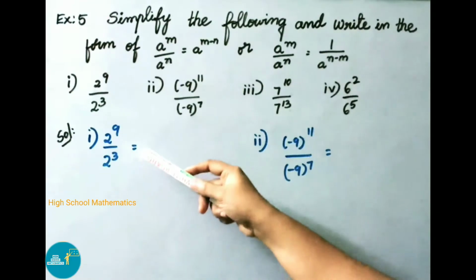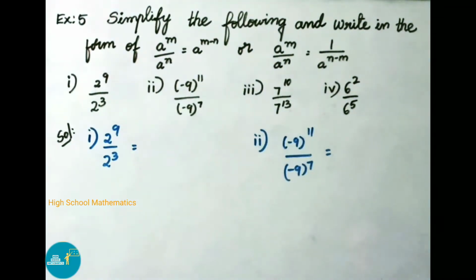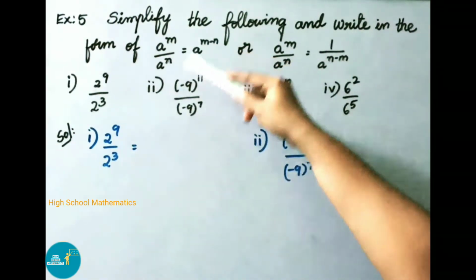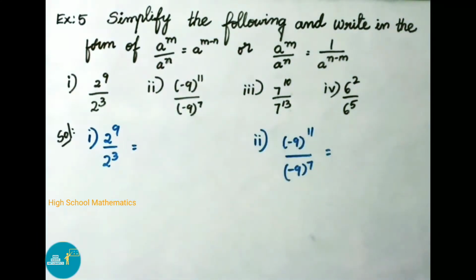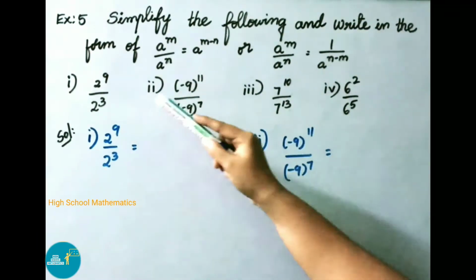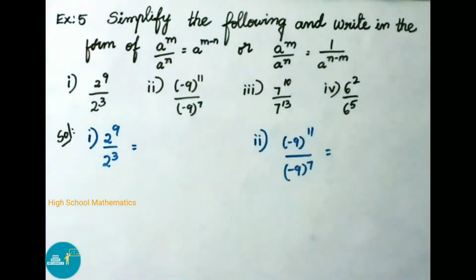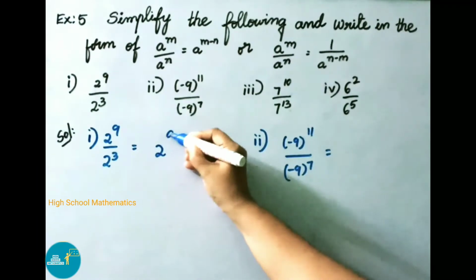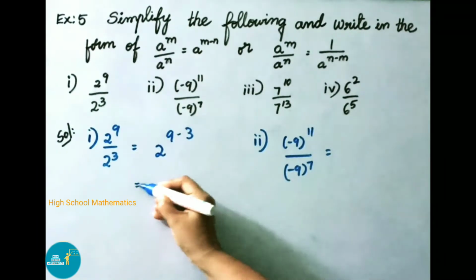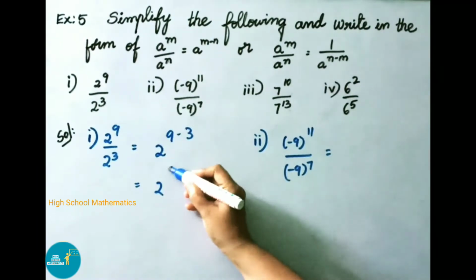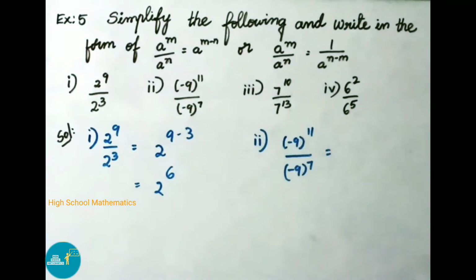See the first sum, 2 power 9 by 2 power 3. It is looking like the formula a power m by a power n. Observe here, m value 9 is greater than n value 3. So we can use the first formula, that is a power m minus n, that is 2 power 9 minus 3. That equals 2 power 9 minus 3, which means 6. So the answer is 2 power 6.